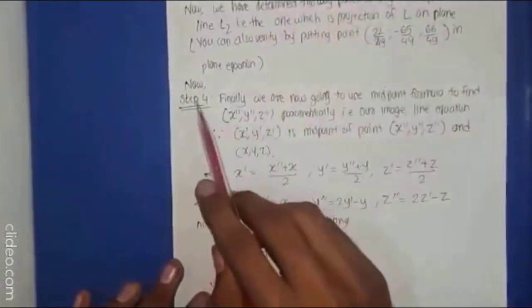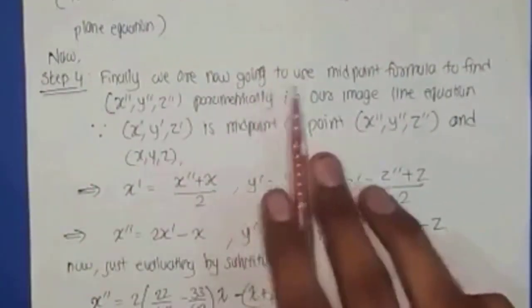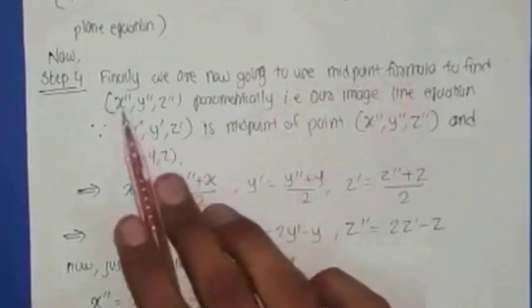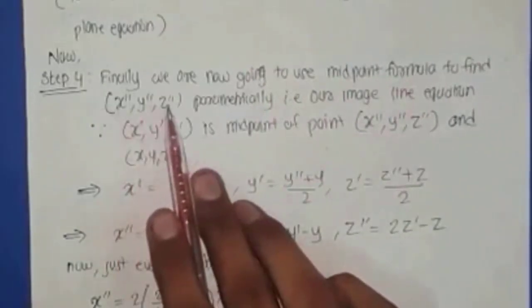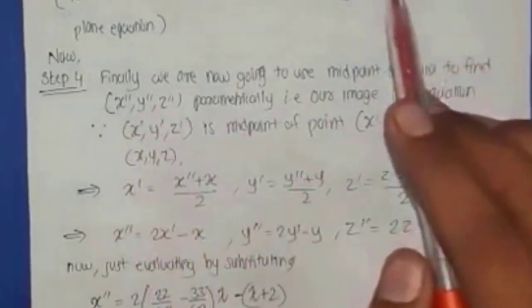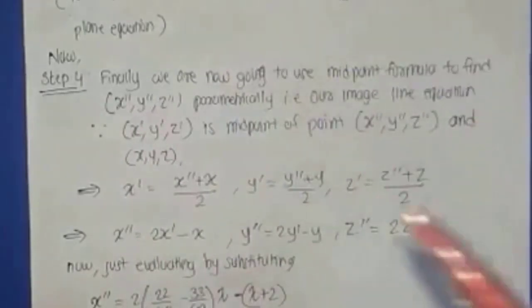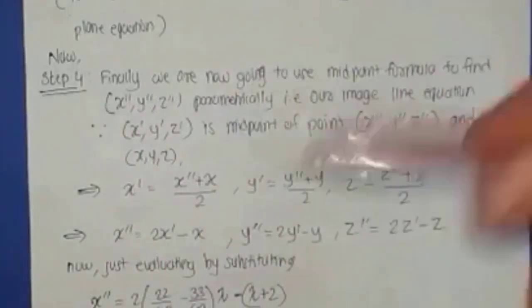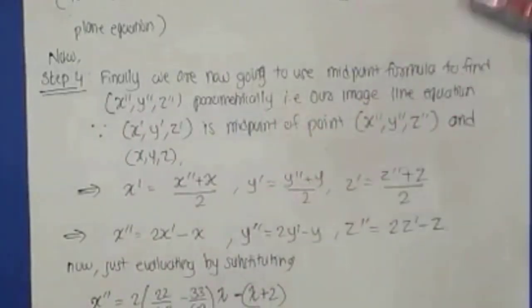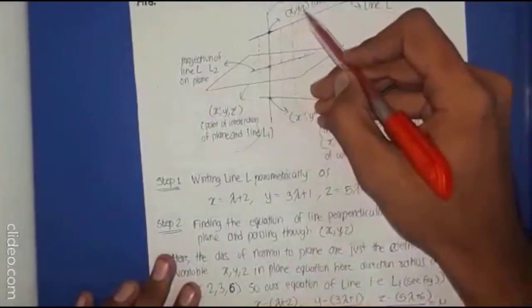Now we are on our final step. Now we are going to finally use the midpoint formula to find x double dash, y double dash, z double dash, that is any arbitrary point which is the image of a point on line L in our given plane, like the image of this point x comma y comma z in this plane.